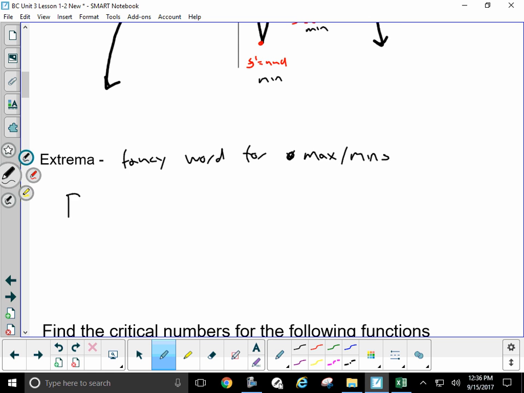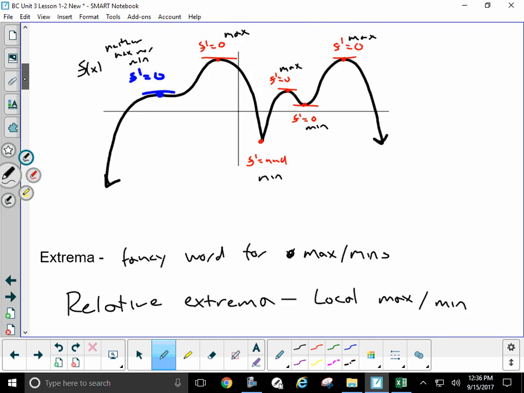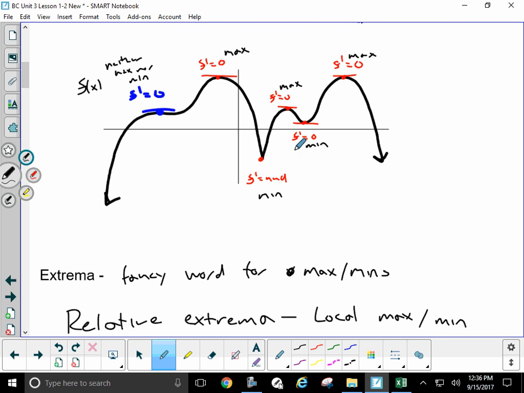Relative extrema, which we call local max or mins. If you come up here, we would call this a local min and this a local min.